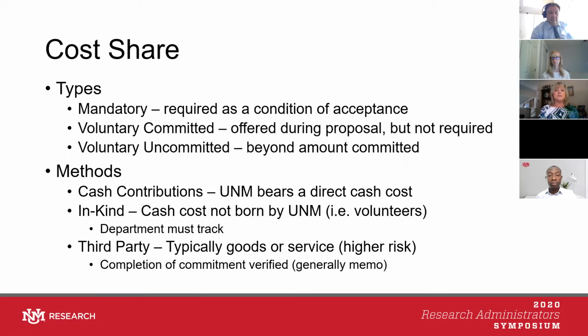It is not necessary, and sometimes people feel like if they voluntarily commit a cost share that it gives them a better chance of being awarded, but that's not always necessarily true. And then voluntary uncommitted cost share is the expenditures we put on there that are above and beyond what we've committed.